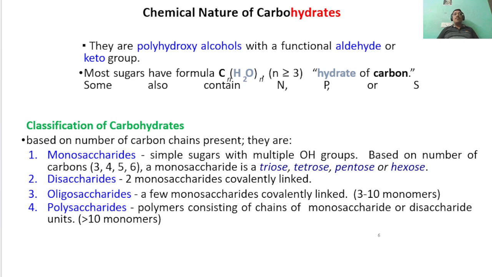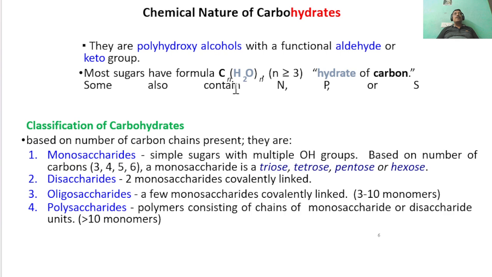When I say carbohydrate, it means carbon and hydrate. So, it is made up of polyhydroxy alcohol along with a functional group, and we call that an aldehyde or keto group. Most sugars have a chemical formula. We call it C, that is carbon, H, that is hydrogen, and O, that is oxygen.